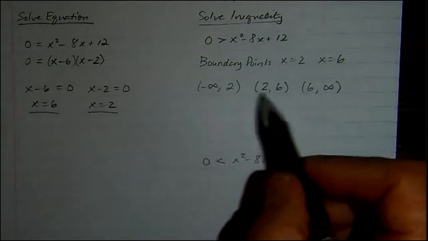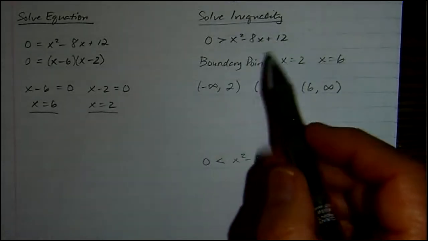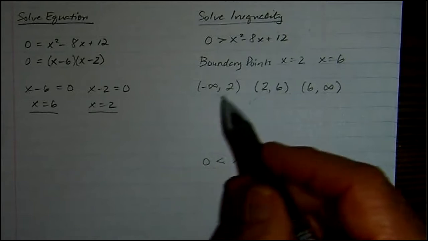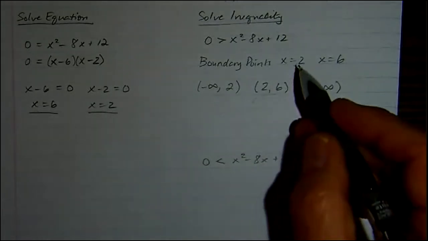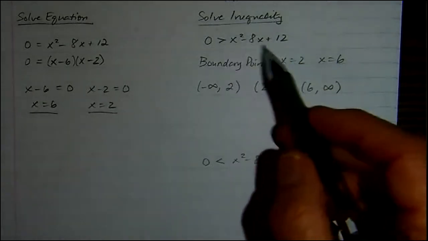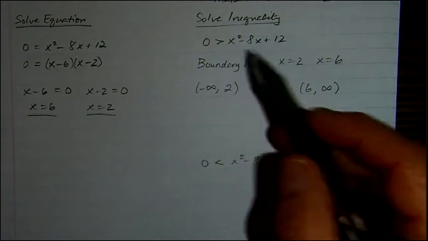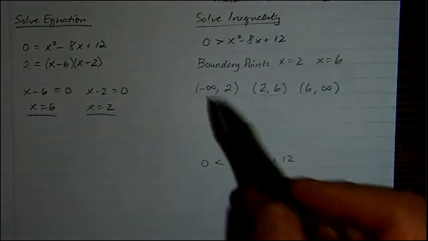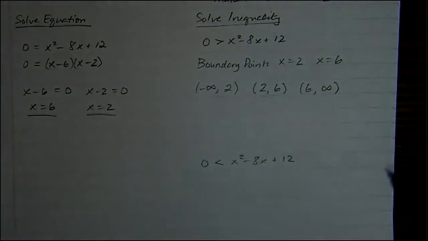So I'm just looking at all the possible values of x I can choose for this expression, because I want to know what's going on in each interval. I know at the 2 and at the 6, this function is equal to 0. I want to know where it is less than 0. So I'm really looking at what's happening in these 3 sections of the function.